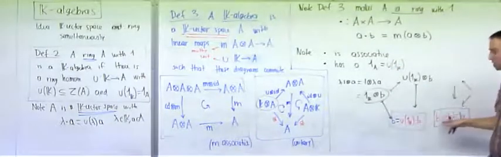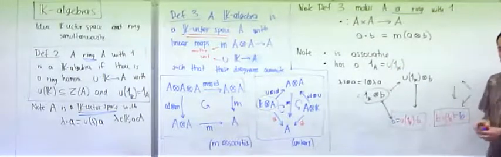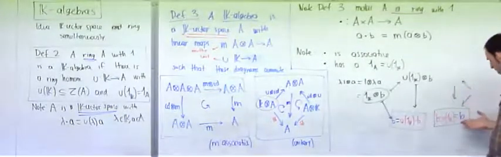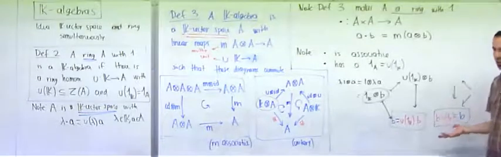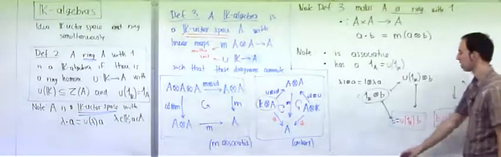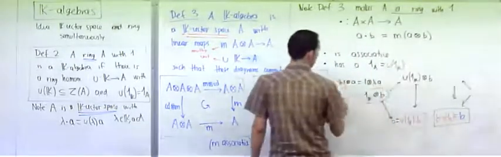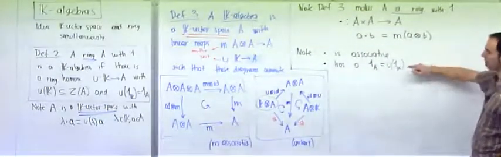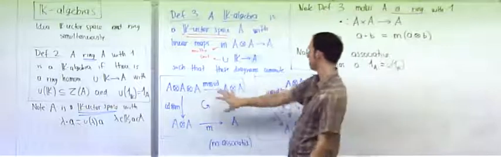I have no choice. Because remember that in a ring, if you have a 1, that 1 is unique. And here I found a 1, so that must be the 1. So associativity and the 1 are given by these two things.